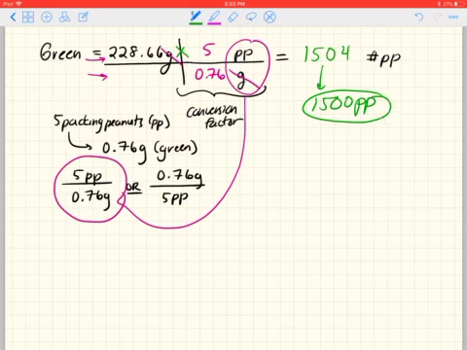All right. So obviously, as I'm going through this, I'm showing it to you in a slower process so you can see how it works. If you use your old method, you basically get the same answer, but I wanted you to see how to use this method. So I'm going to continue on now to the second part of the question, which is how many packing peanuts are there in the red bag?